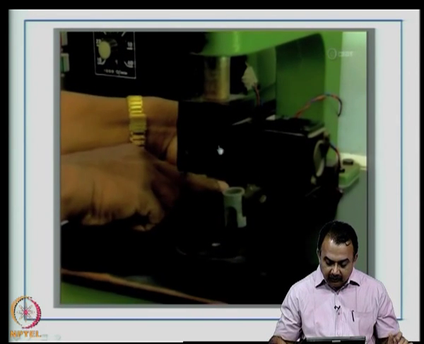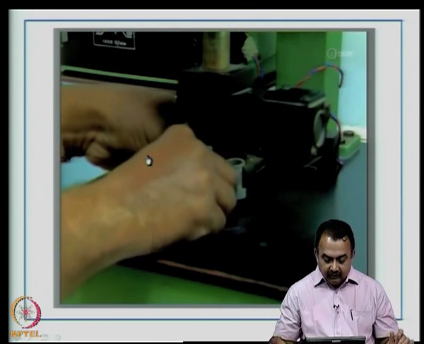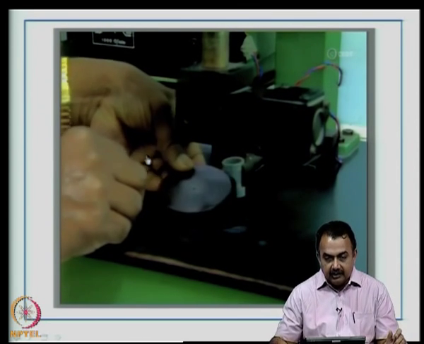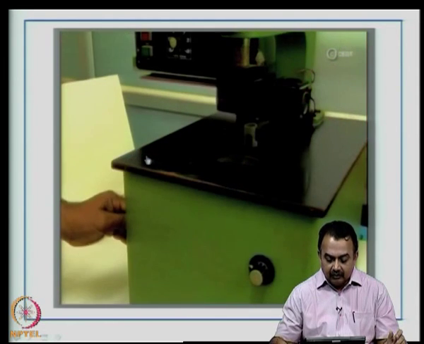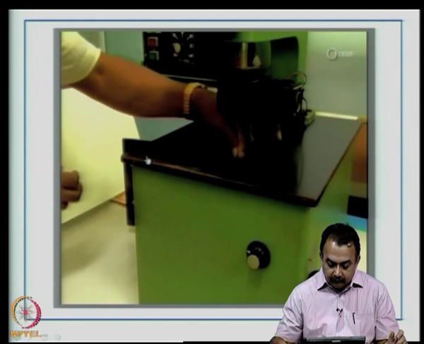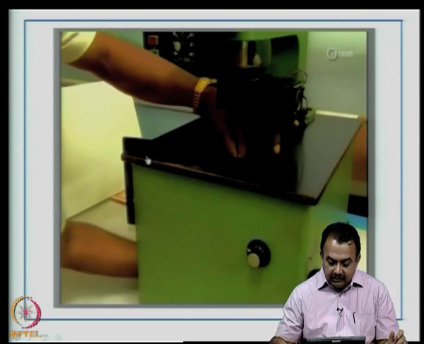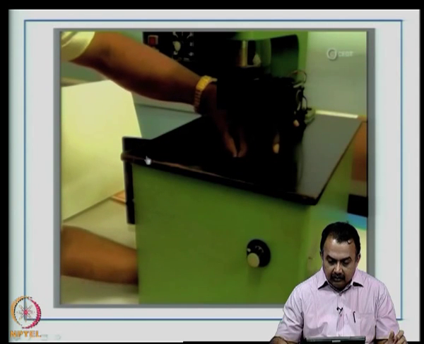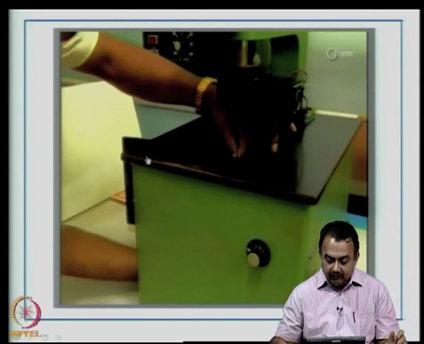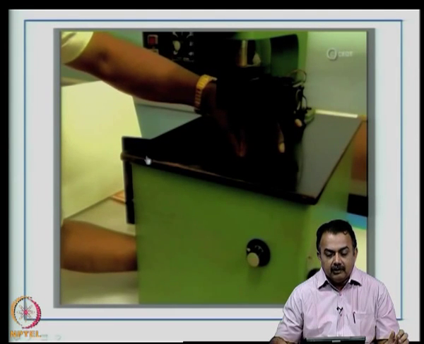Now, here the operator is showing you how to insert a drill bit material into the drilling machine. So, sufficient height is given during the fixing of the drill bit material.